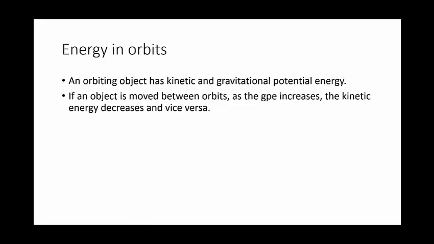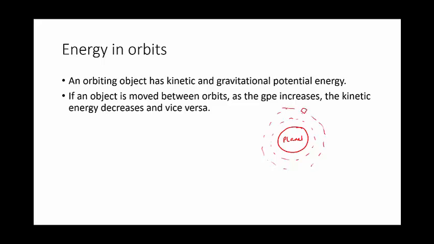Anything that's orbiting has kinetic and gravitational potential energies. If we move an orbiting object between the different types of orbit, as the GPE increases, the kinetic energy decreases and vice versa. So if we take a look at what that means in terms of moving from a high to a low orbit and vice versa, we've got two different orbital paths on there for our satellites to take.